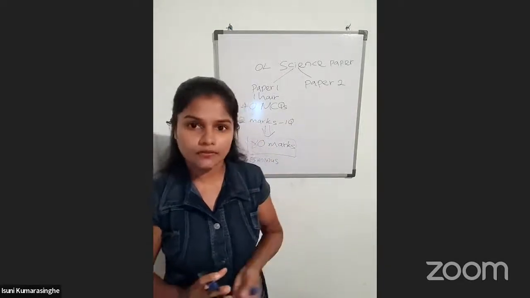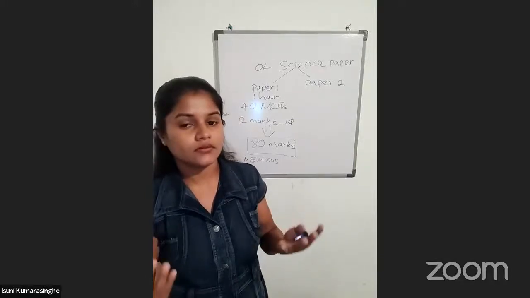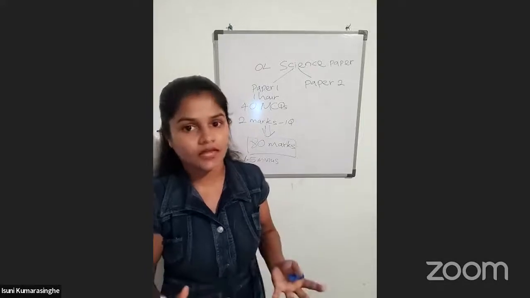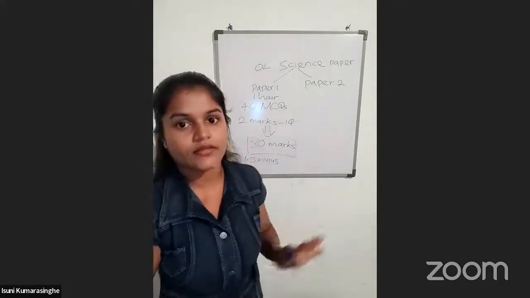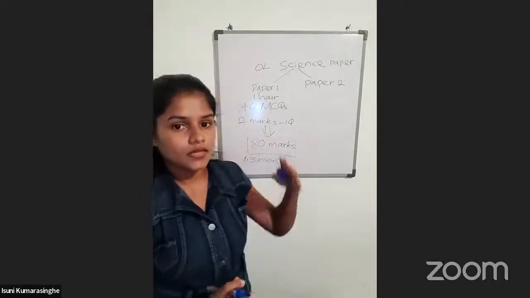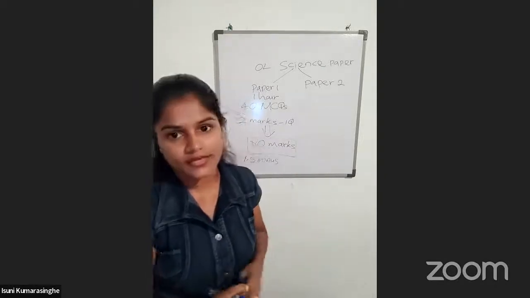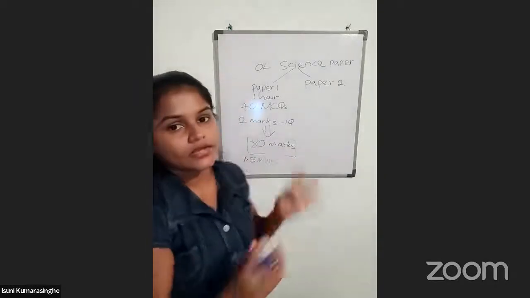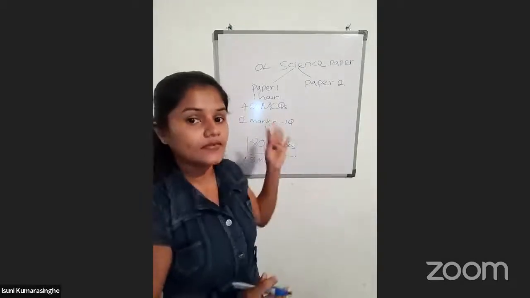Sometimes you have to do some calculations, write formulas, and you need more time to think about some questions. Not all 40 questions are easy. Normally the first 10 questions are very easy, but the final questions are not as easy as the first ones.